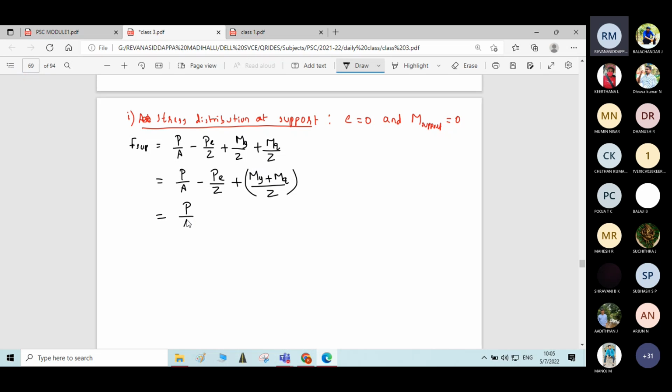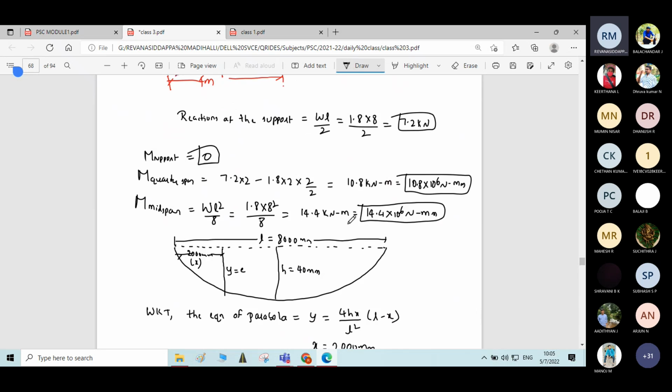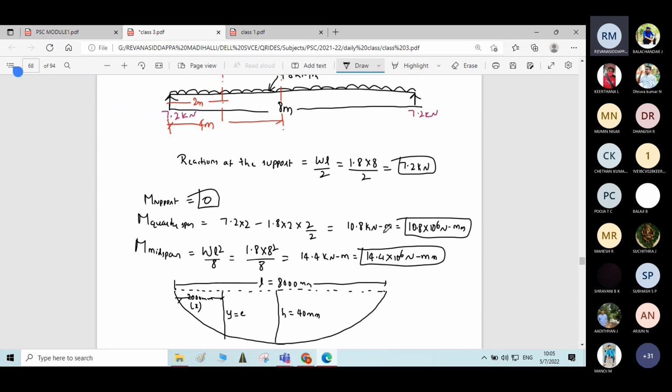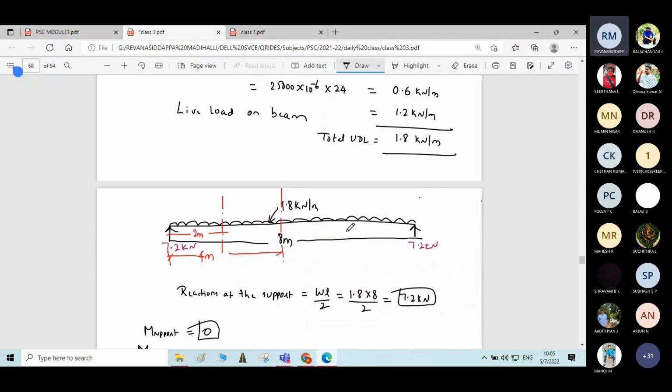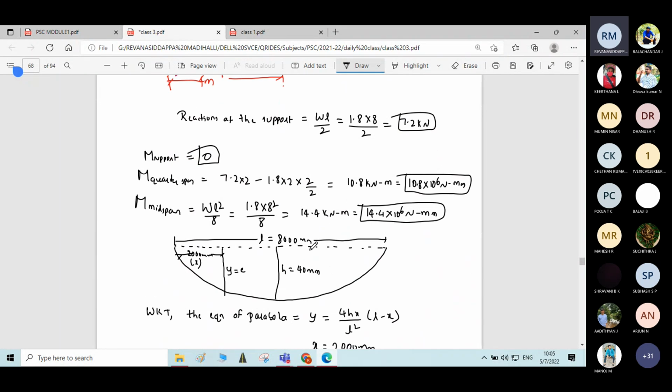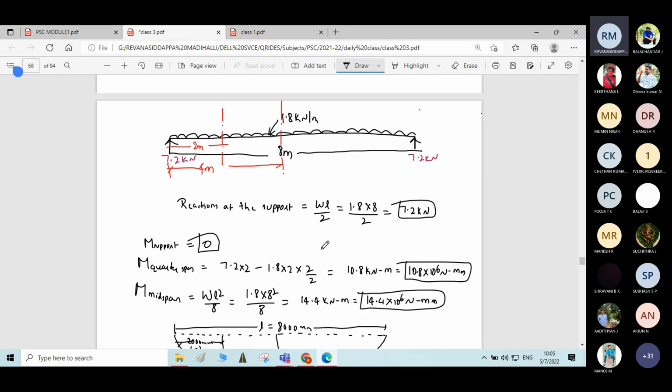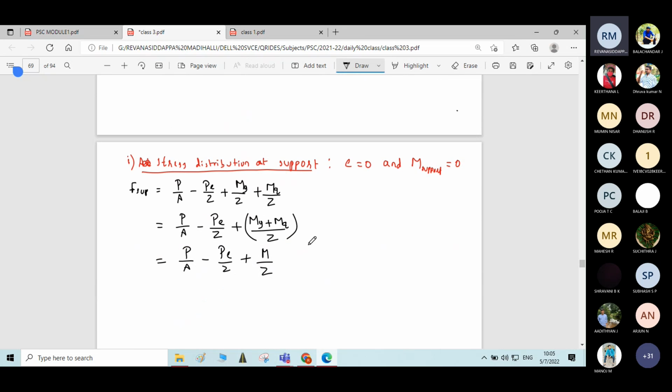Therefore, P by A minus P e by Z plus M by Z, because we have calculated the sum of dead load and live load, and for that total load we have calculated the moments. That moment is inclusive of moment due to dead load and live load. That is why I have taken directly M.